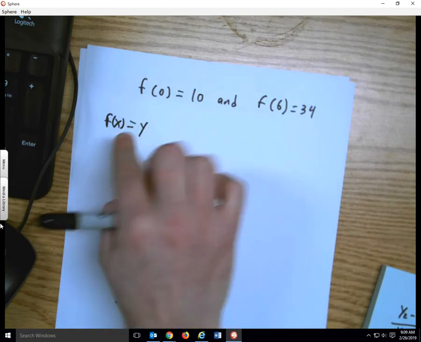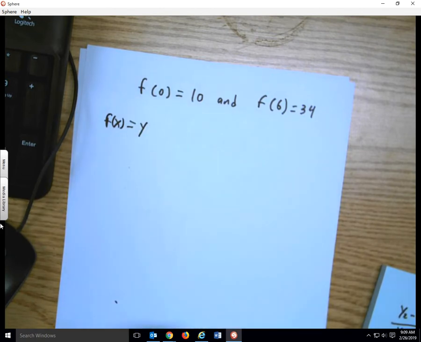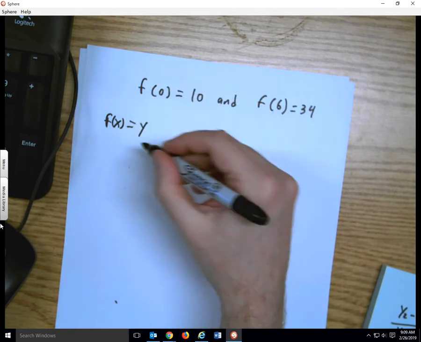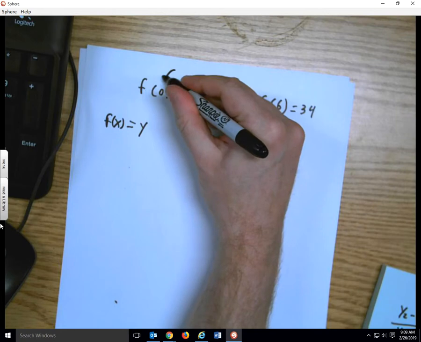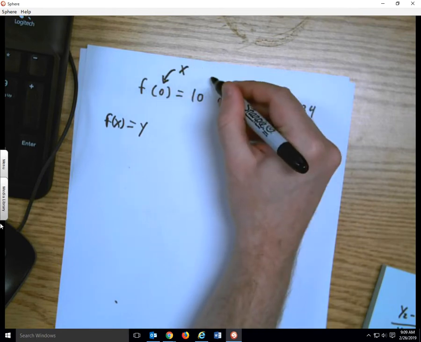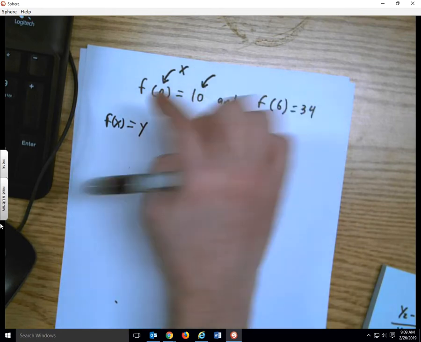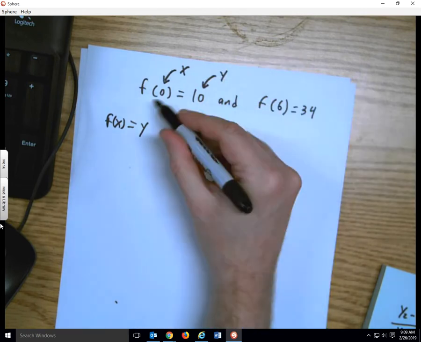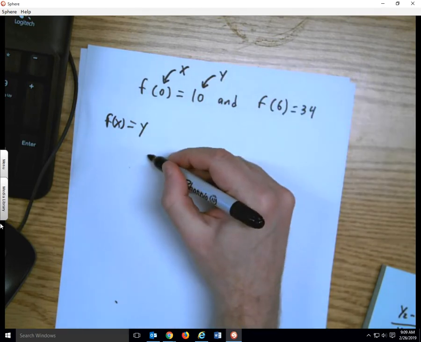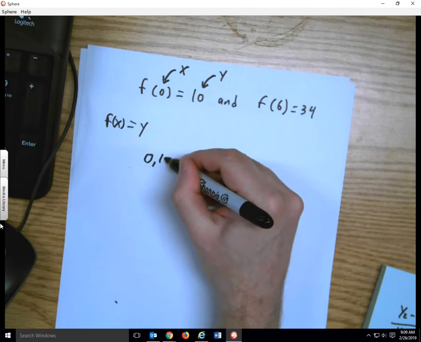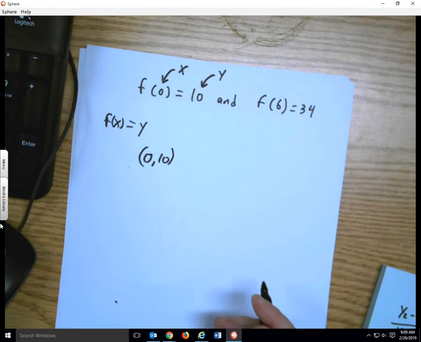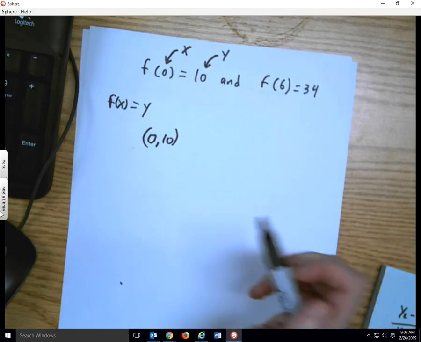It's just that you can see the input, okay? And the input would be the x. So this number here is really just the x. And this number here, what the f of x equals, the output, is really just the y. So if you see something like this, it's really doing what we just did before. It's just in a different notation, function notation.